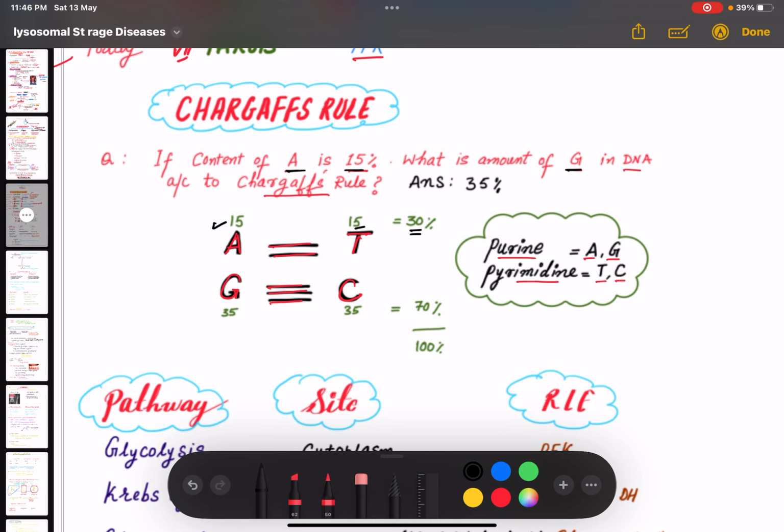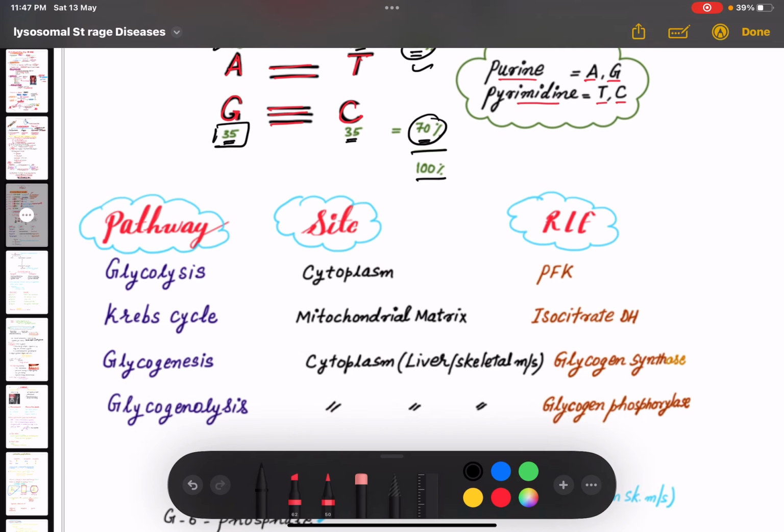Now the guanine will be 35, and cytosine also will be 35. 35 plus 35 equals 70. Here it is 30% and here it is 70%, therefore 30 plus 70 equals 100. Now what is the amount of guanine? The answer will be 35%. It is so easy to remember, no difficult mathematics here.